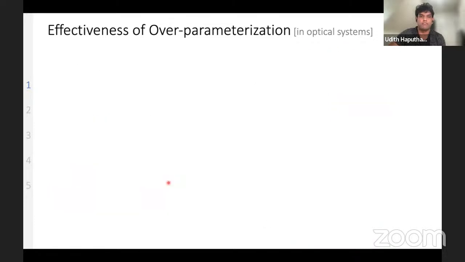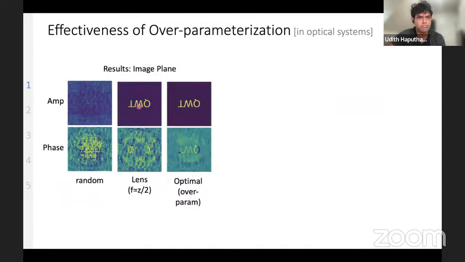Let's look at the results. These are the results from the image plane, and you can see this one is the flipped version of the input. The first and second rows show the amplitude and the phase of the electromagnetic field at the image plane. The first column is what happened when we put a random phase distribution at the lens location.